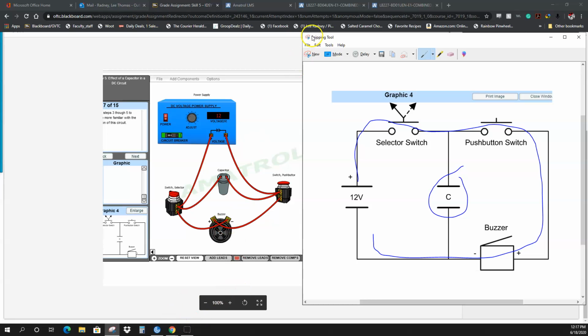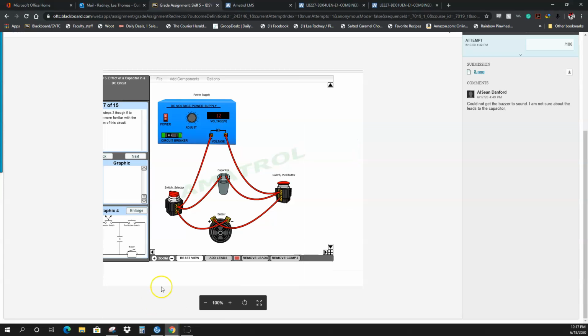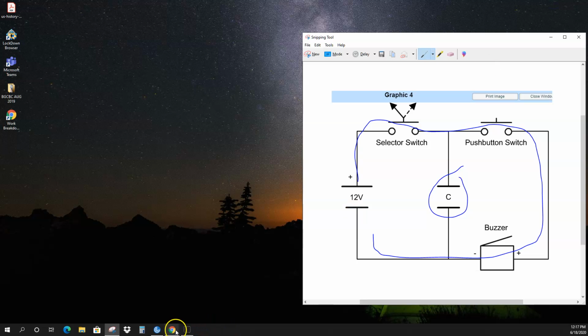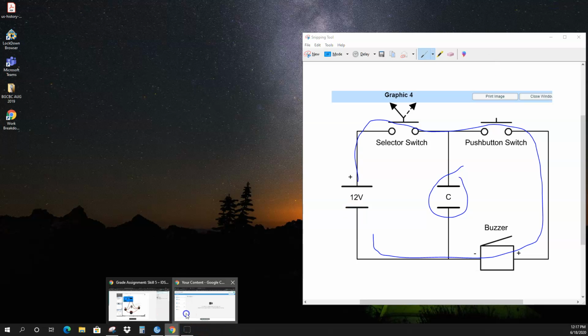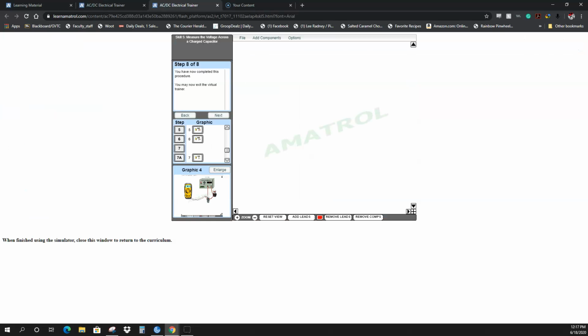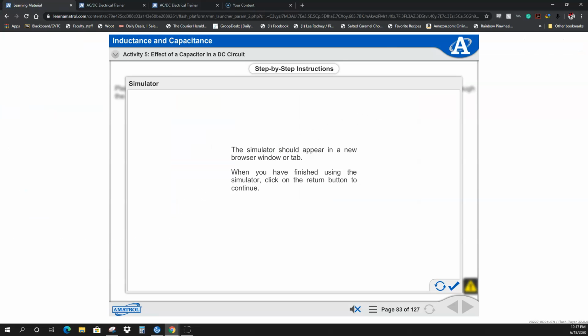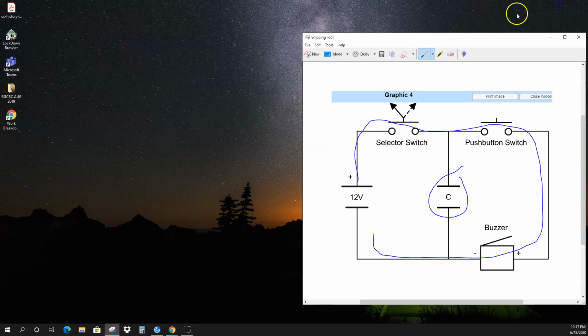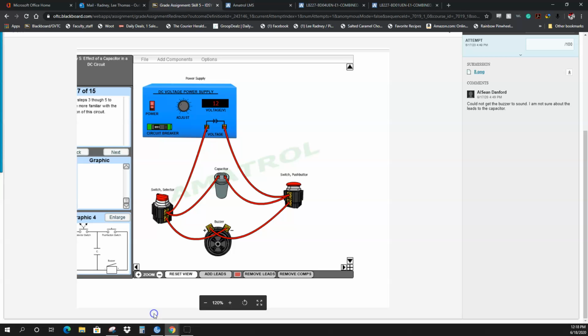So let me show you what it should have done if I can find the window that has mine. And I tried to lay mine out similarly to what yours was. And oh, that's still your picture. So let me find mine here. This is one of the problems you get when you get too many windows open. No, I had it set up. I hope I didn't undo it, but if I did, that's all right. We'll redo it.